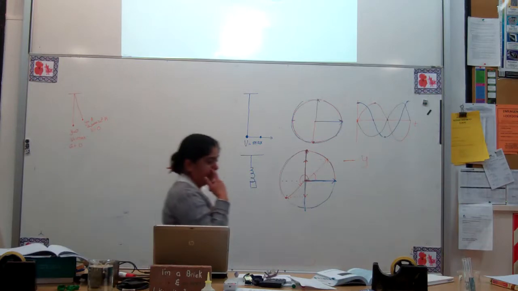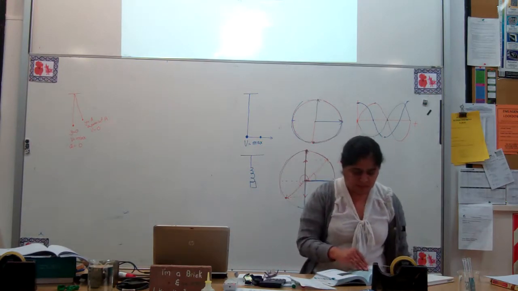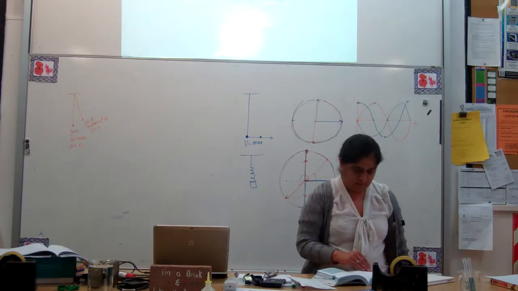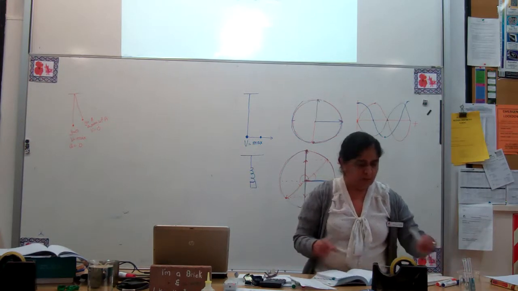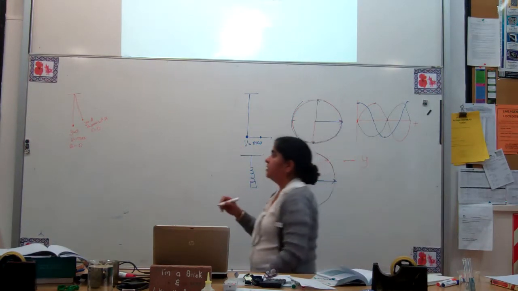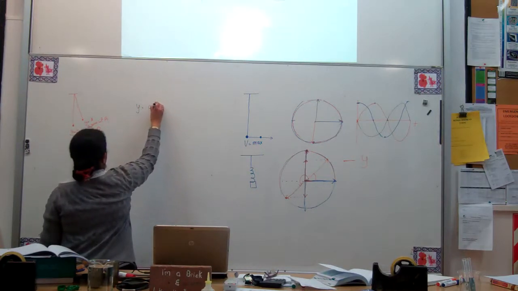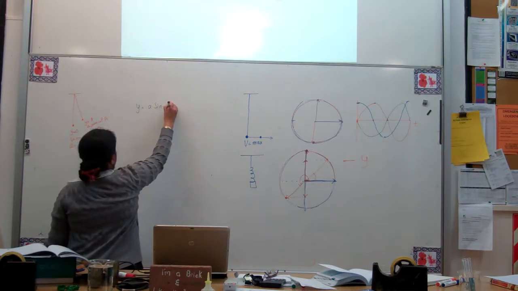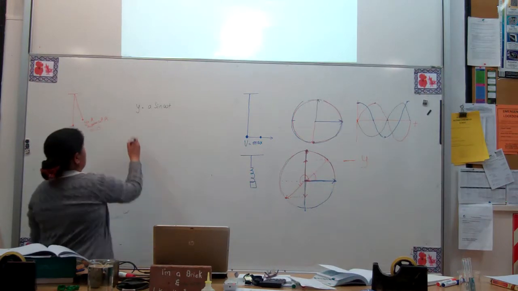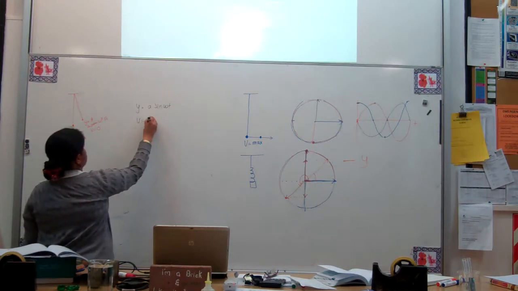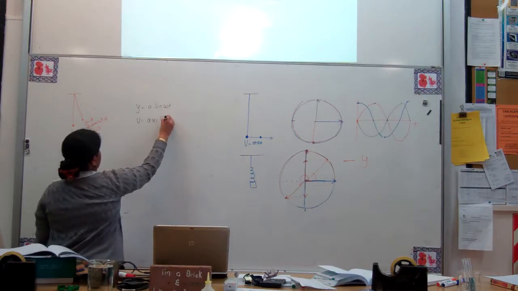Okay. Next, are you guys okay with deriving these ones? Y equals A sine omega t. V equals A omega cos omega t.